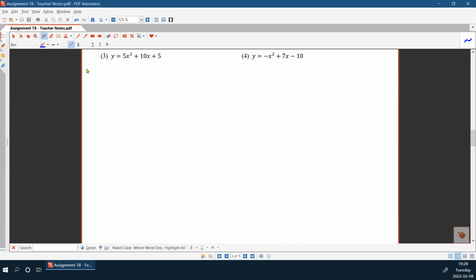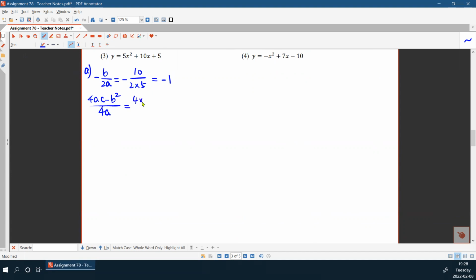All right, first of all, the coordinates of the vertex. -b over 2a, where -b is 10, right? 2a is 2 by 5, so the x coordinate of the vertex is -1. Then calculate 4ac minus b squared over 4a.